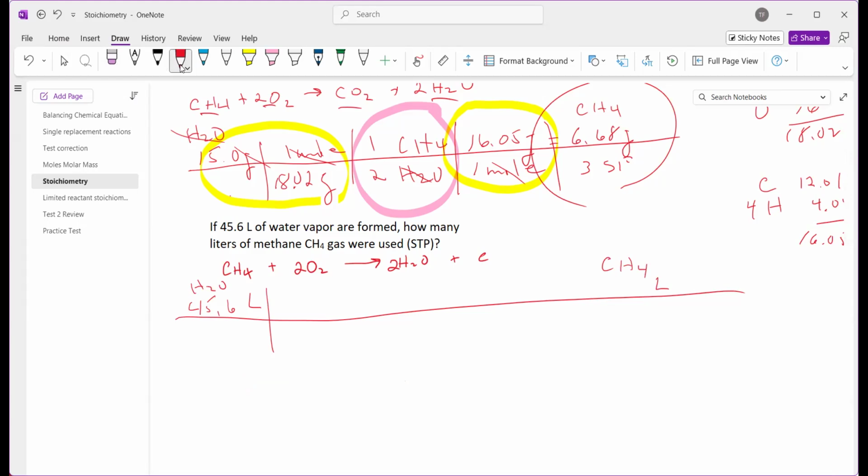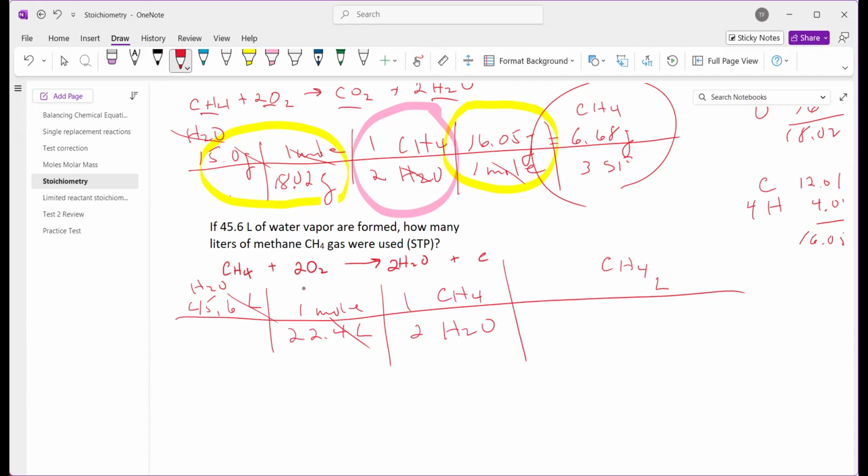We're going to use 22.4 liters of methane at standard temperature and pressure. For water to methane, water's on the bottom so it can cancel. It's 2 to 1 again.